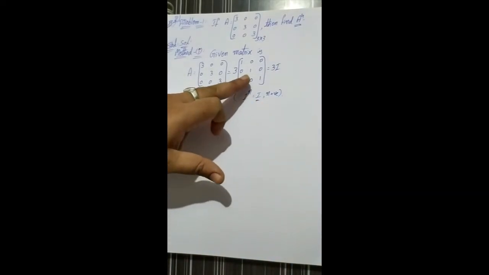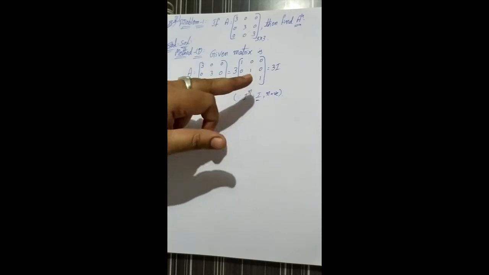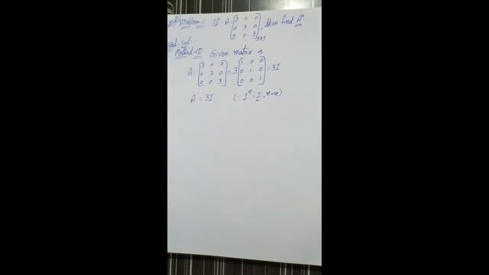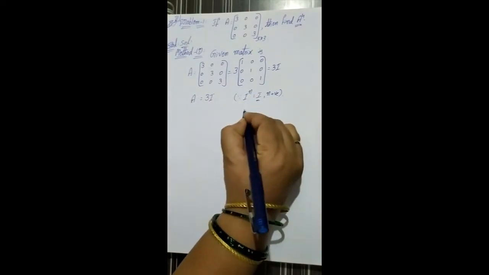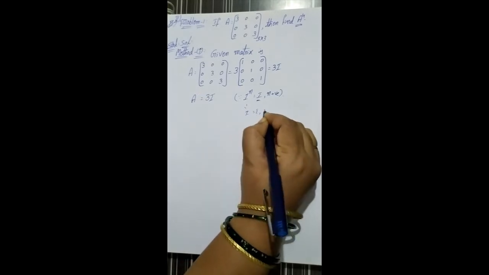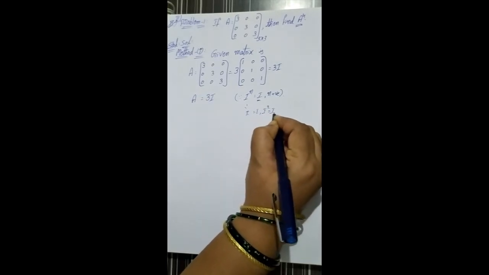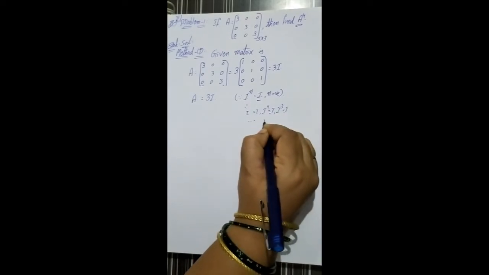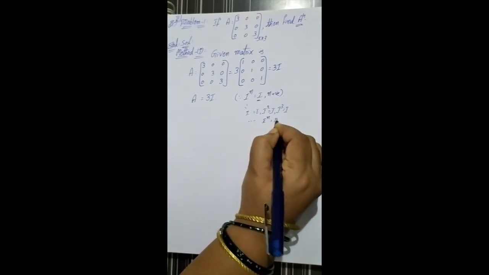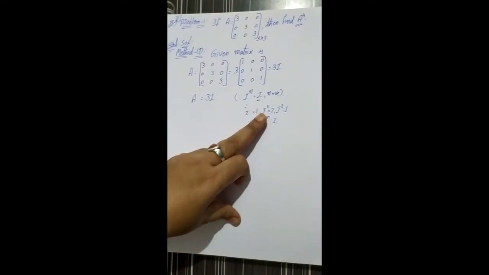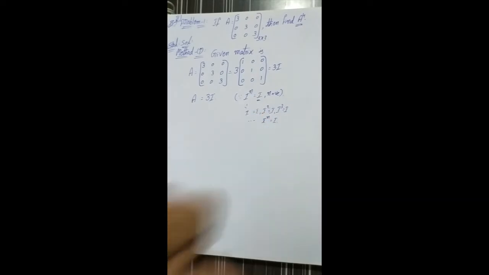Identity matrix multiplied by the identity matrix any number of times is the identity matrix. That means I equal to I, I square equal to I, I cube equal to I, and so on. I power n is also I. We can multiply I any number of times with I, we get I.